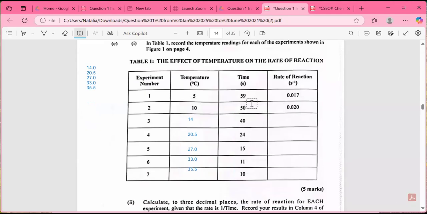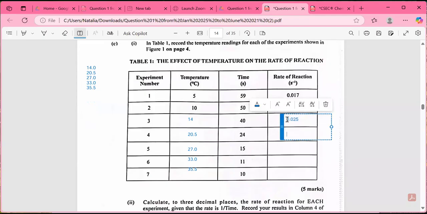All right, so then it says that we calculate to 3 decimal places the rate for each of the experiments, given that rate is 1/t. So 1 divided by 40 is equal to 0.025. Yes, you're working them out.